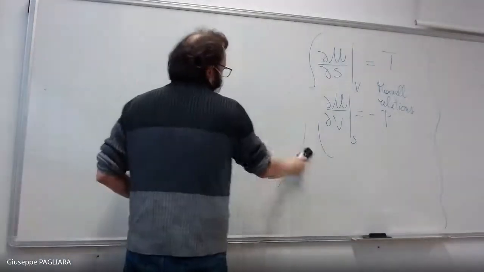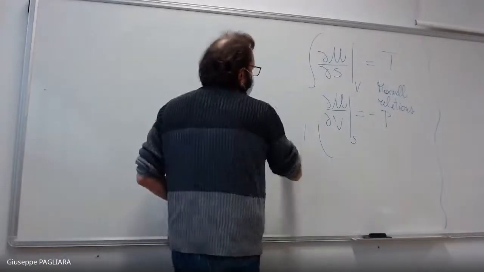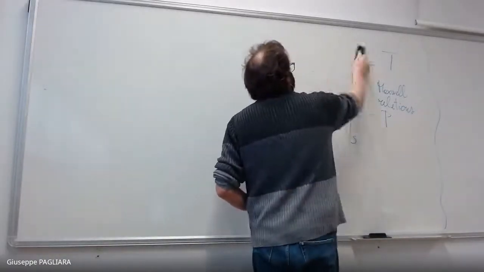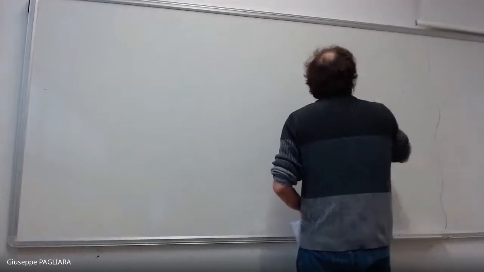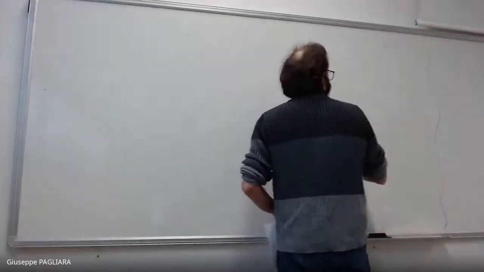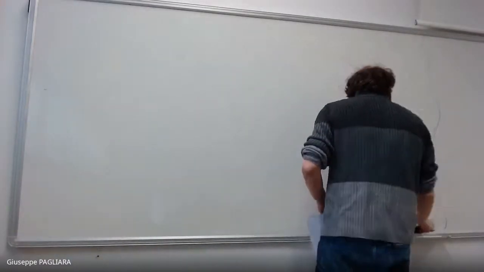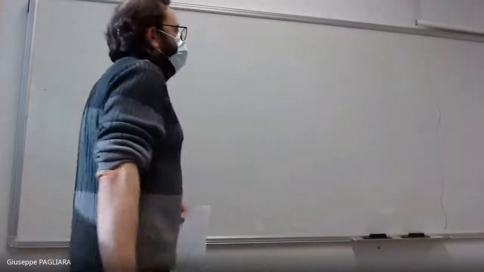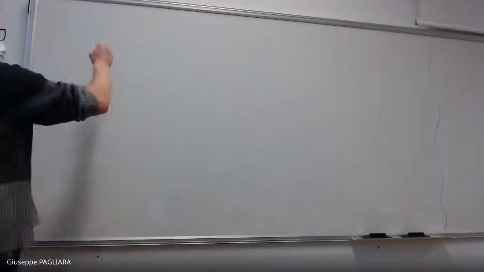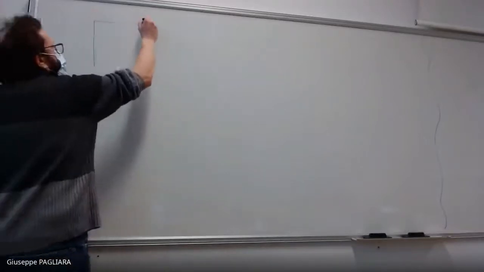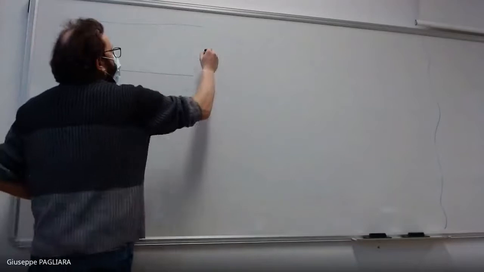What I'm going to obtain is something that you know, of course, but I will do it now using these Maxwell relations. Since we are in thermodynamics, you are used to dealing with boxes with a certain volume and a certain number of particles, and this is the usual framework of thermodynamics.